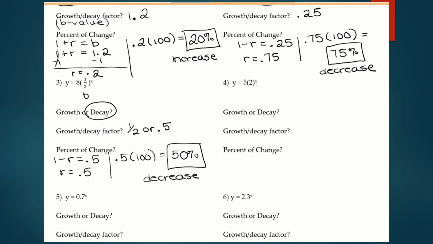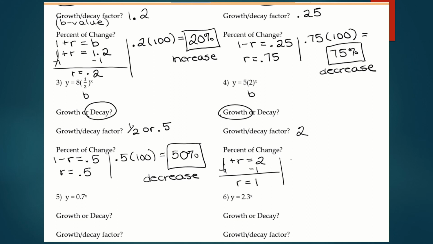All right, looking at number 4, y equals 5 times 2 raised to the power of x. My b value here is 2, which means it's a growth. My growth factor is 2. It's the actual b value itself. My percent change, well, 1 plus r is how I got 2. So solving for r, I get 1.